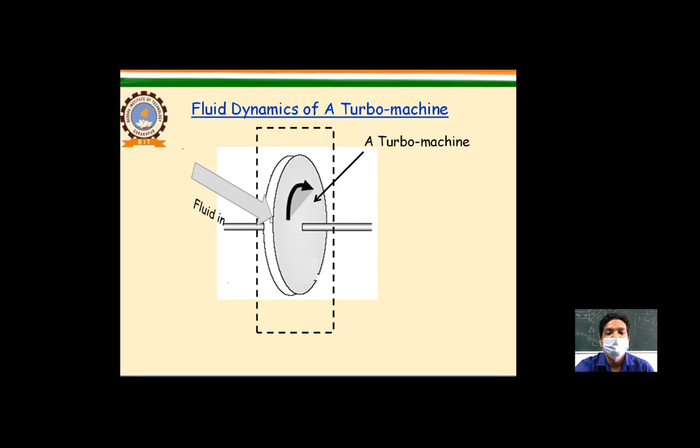From this section, the fluid enters, and this whole entire section is a turbine machine. After a process executed within the turbine machine, the fluid entered would be converted into the fluid output.